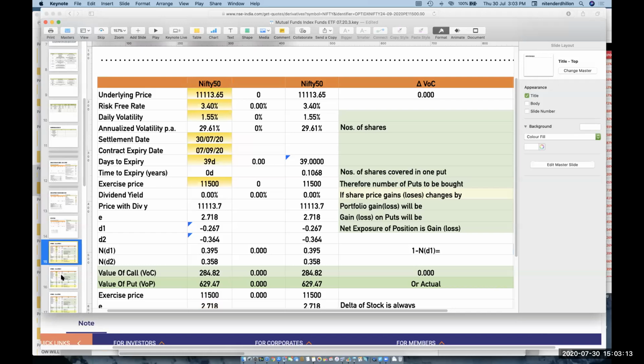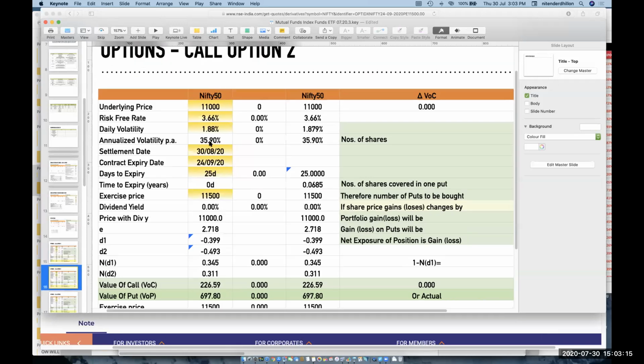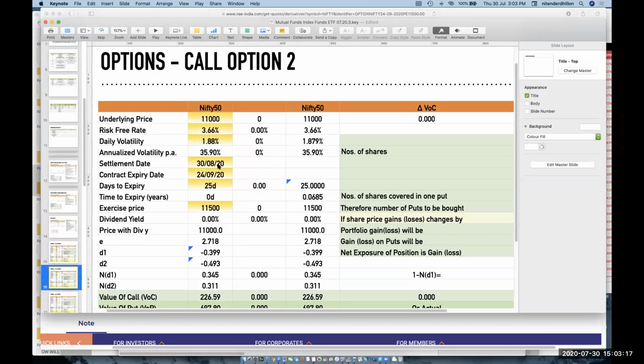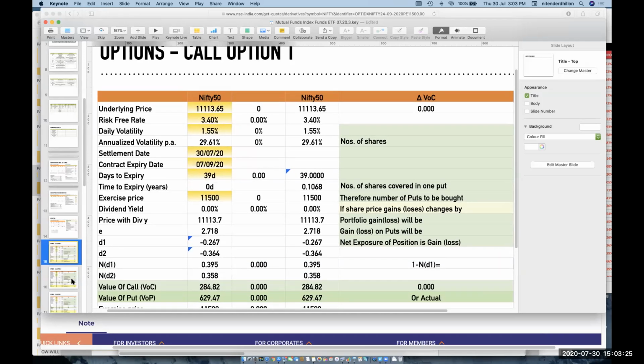Now what I can do on the 30th of August is I can become a put option seller and sell my contract. मैंने खरीदा था 630 में, sorry, and I'm now selling it at roughly 700. I would have made 70 rupees gain on this put option, multiplied by 75, multiplied by the number of contracts.